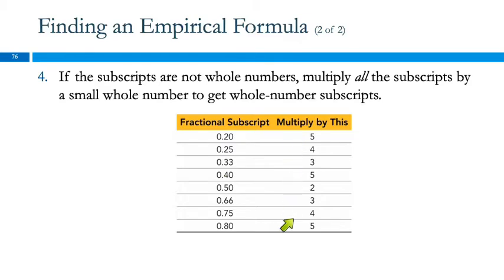If we multiply by these numbers, when we have this fraction at the end, then we'll get whole numbers. So if that makes sense to you, that's great. It can speed things up. You're like, oh, I know what to multiply that by. If that made no sense to you, then a trial and error method is almost as fast. Try multiplying by 2. Do you get whole numbers? No? Try 3. Try 4. Try 5. You should never have to go past 5.